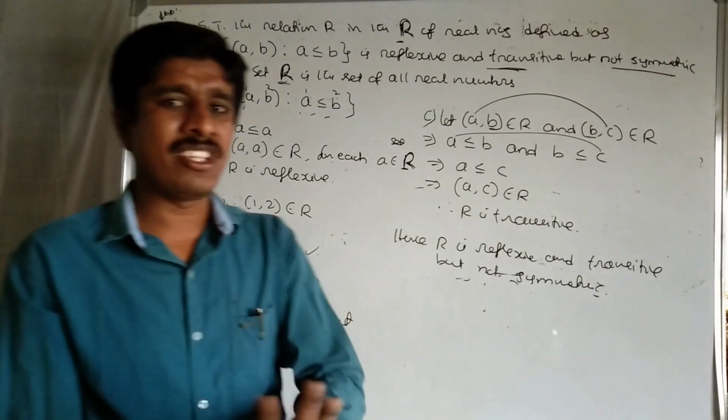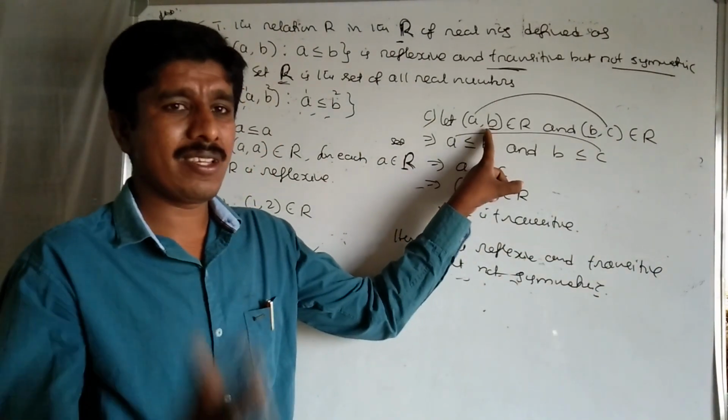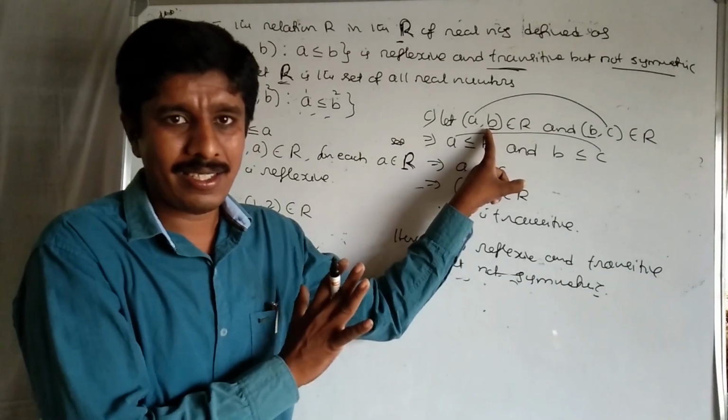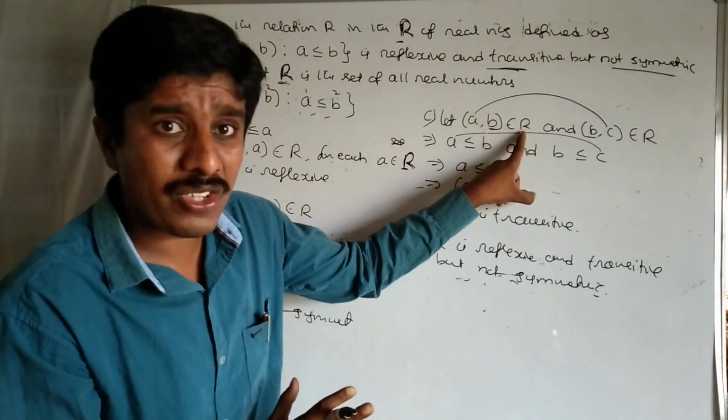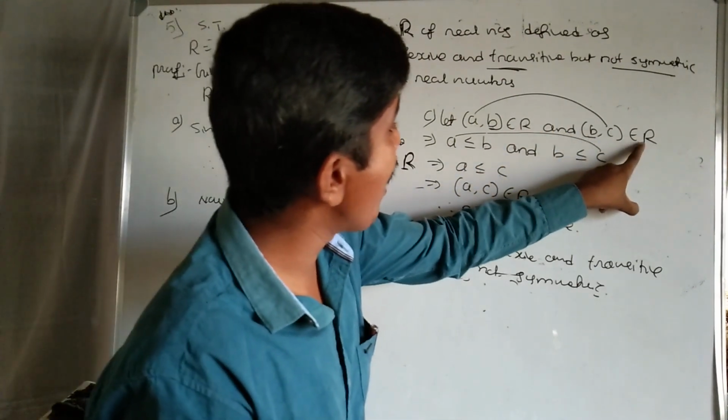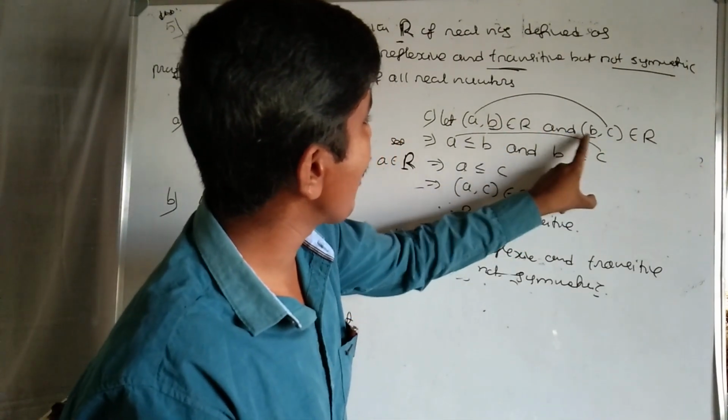Prove that it is transitive: take elements, meaning every real number satisfies this condition. Let A comma B belong to relation and B comma C belong to relation. Here the middle elements are equal.